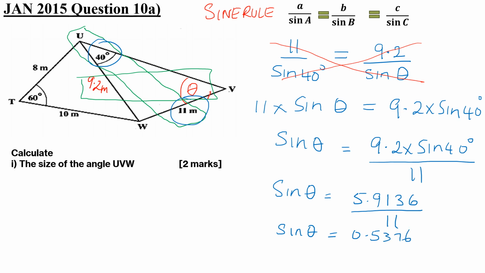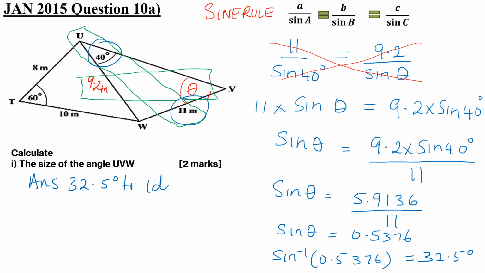So I'm going to find the sine inverse of that. And I got 32.5 to 1 decimal place. So the answer is 32.5 degrees to 1 decimal place.